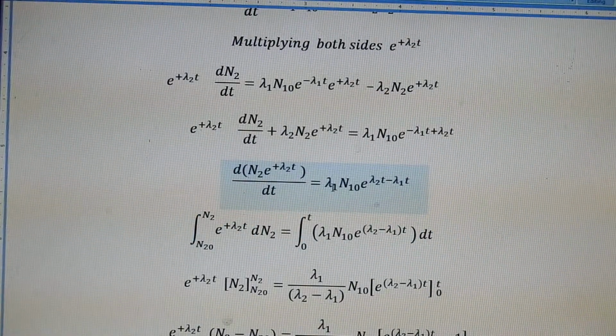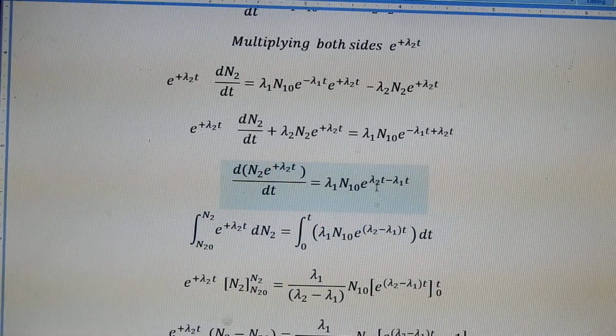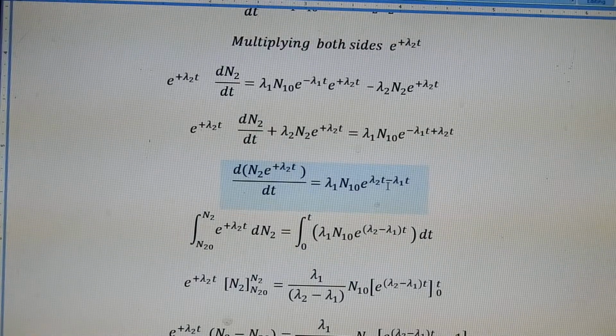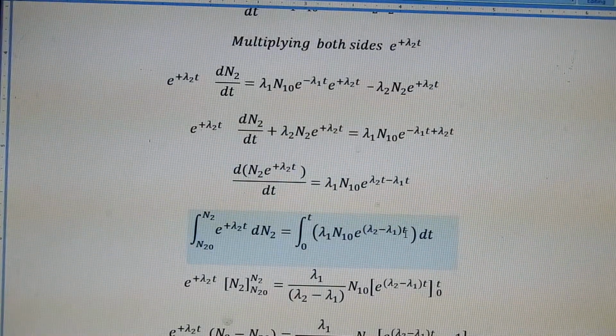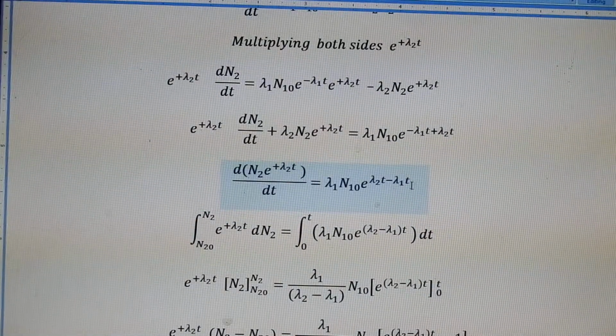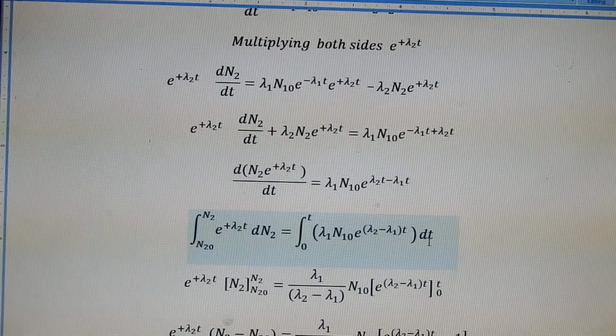is equal to λ1 N1₀ e^((λ2 − λ1)t), where t is taken common. Into this, this cross multiplication, integration d to dt is happening.